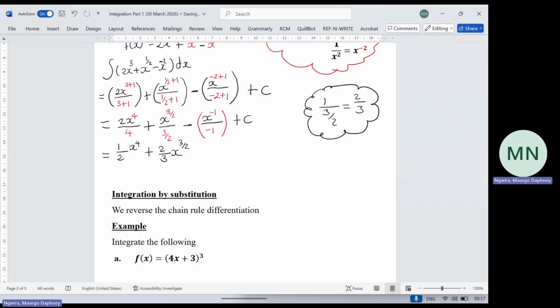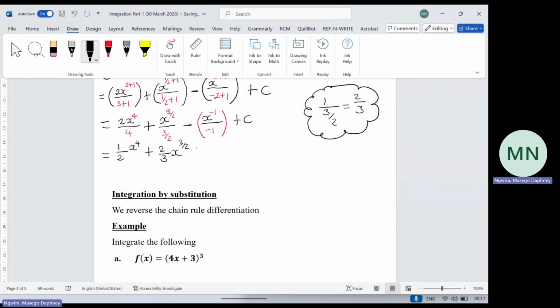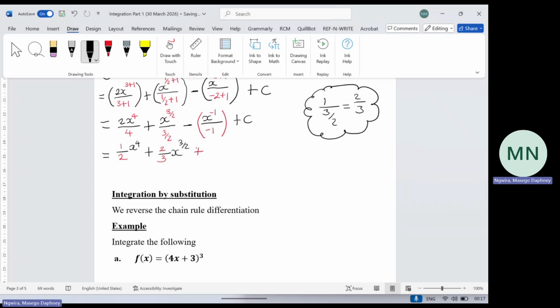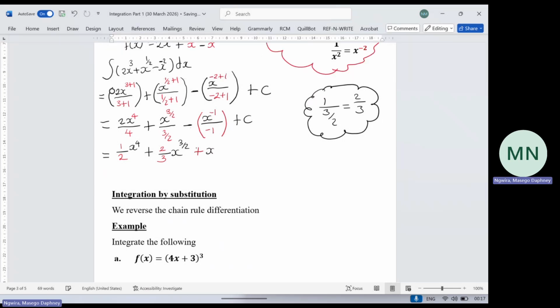And then this is minus, and minus gives us a plus. So this is going to change, it's going to be a plus. Let me write these changes with the pen. So this is 2 over 3, in case you're wondering what happened. This is where we found the change. Then this will be a plus x to the power of negative 1, then plus c.